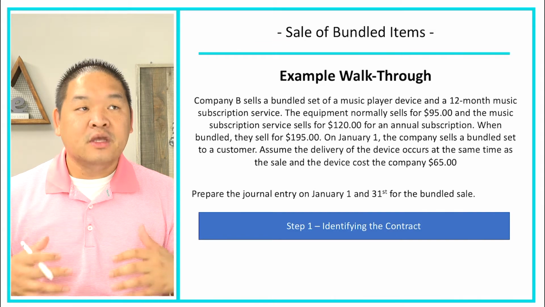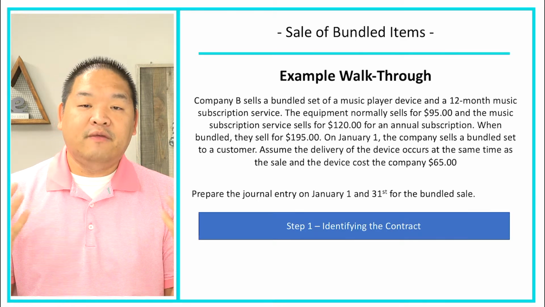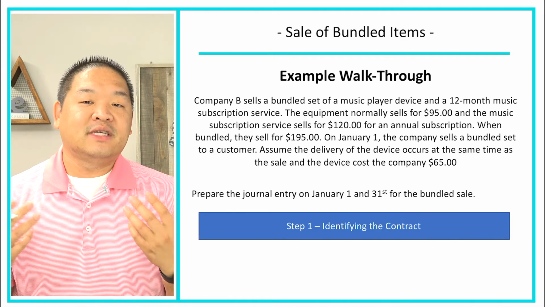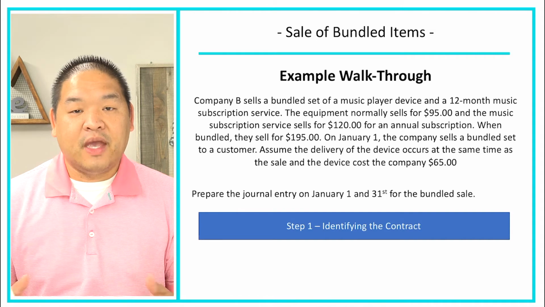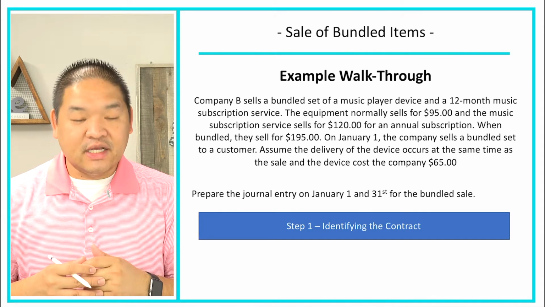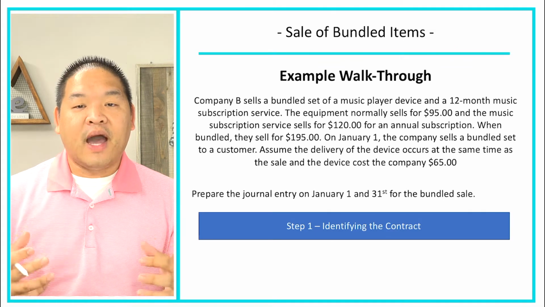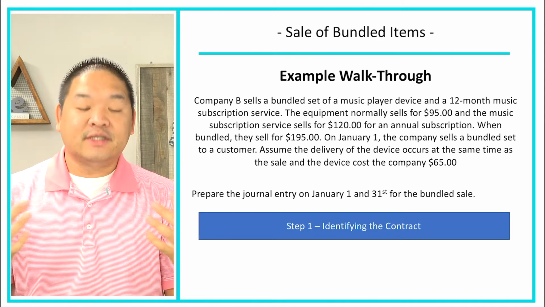So if you bought them separately, you should be paying $215. Obviously, there's no incentive to buy separately if you're paying full price. When bundled, they're sold for $195. So you get a $20 discount if you buy them as a bundled set instead of separately.